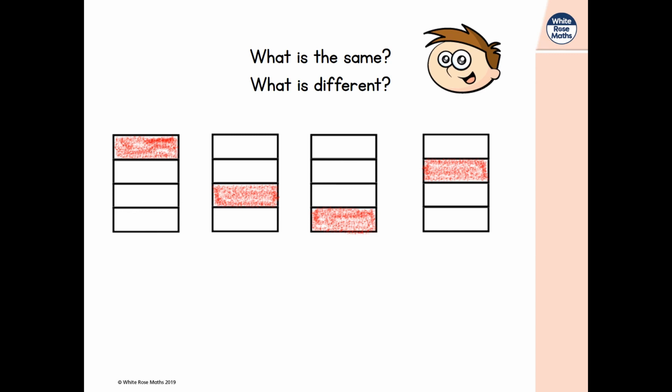They also used the same crayon for each of them. But what's different? Sometimes they colored in the top one, or a middle one, or a bottom one. So they chose a different one to color in. But I'll tell you what is the same. Each one of these shows a quarter. It doesn't matter which of the 4 equal pieces we color in, because they're all equal.